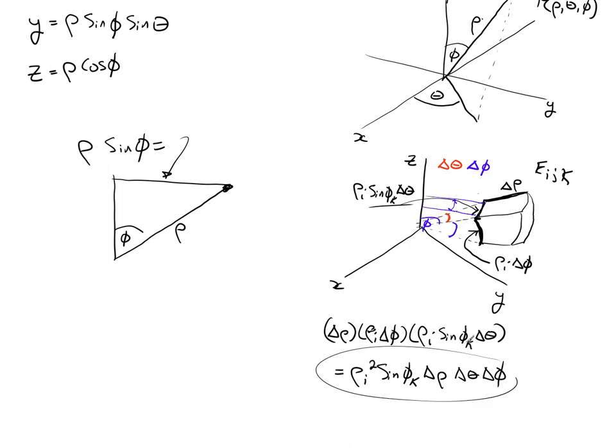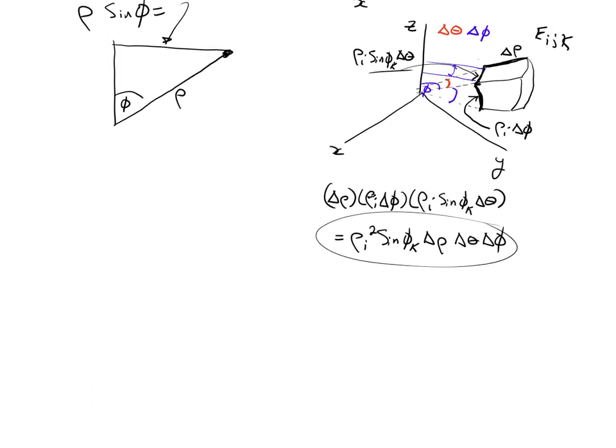Now, with this, we can approximate the total with a triple Riemann sum that would look like the sum i equals 1 to l, the sum j equals 1 to m, the sum k equals 1 to n of this function f, which is going to be f of rho_i sine phi_k cosine theta_j.